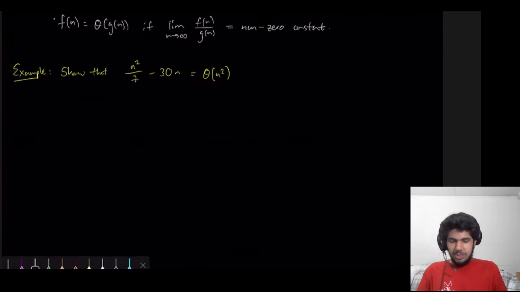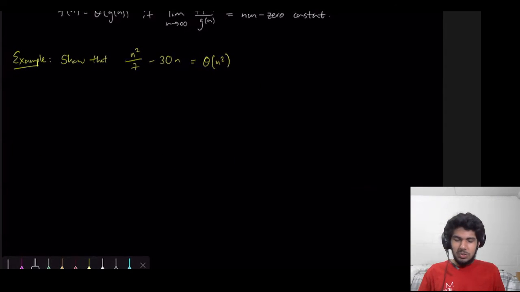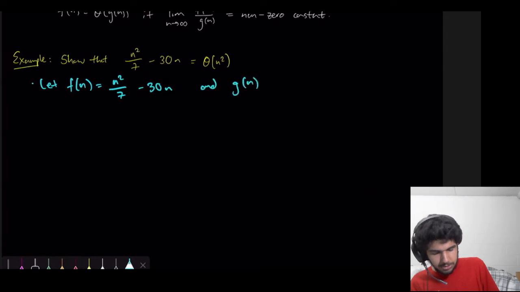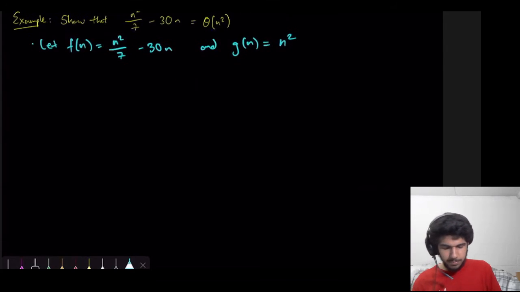All right, so first we're asked to show that n squared divided by 7 minus 30n is equal to big theta of n squared. So that means we need to show two things. First, we need to show that it's big O, and then we need to show it's big omega. So let's let f of n equal n squared divided by 7 minus 30n, and g of n is equal to n squared.